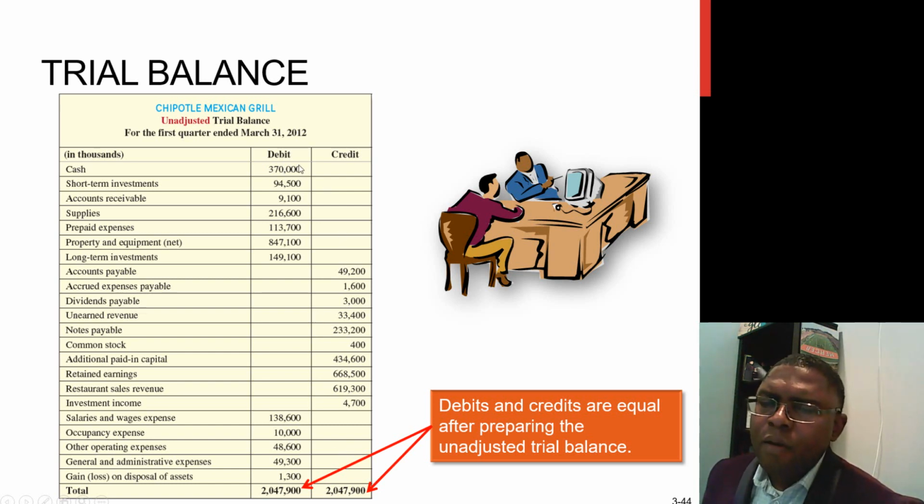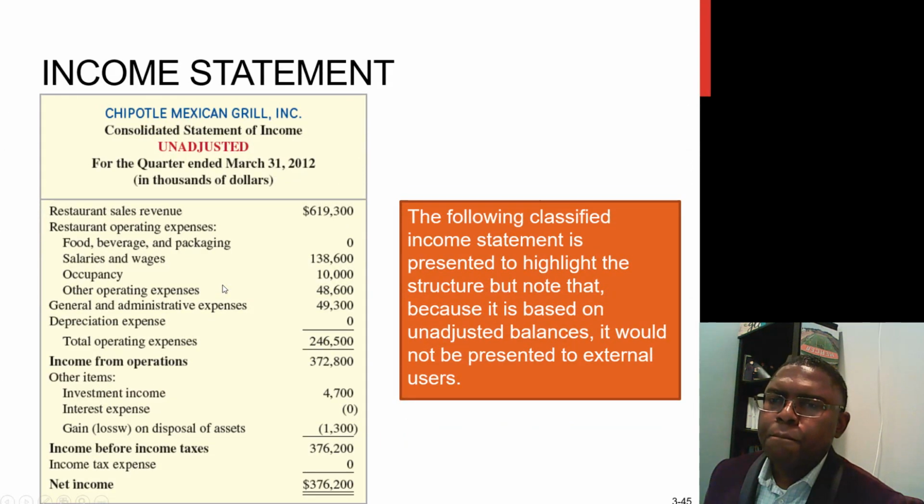And at the end of recording all these respective accounts and their different balances, what will happen is that the debit and the credit side are going to be equal. So from the trial balance, we can now form our income statement.